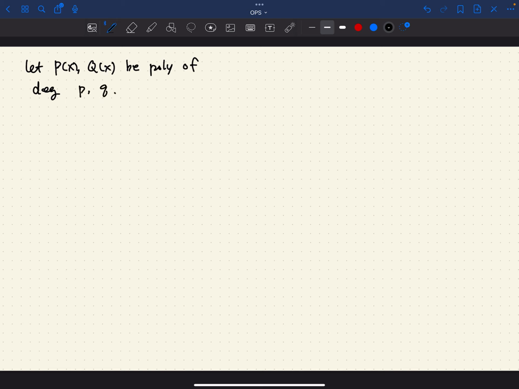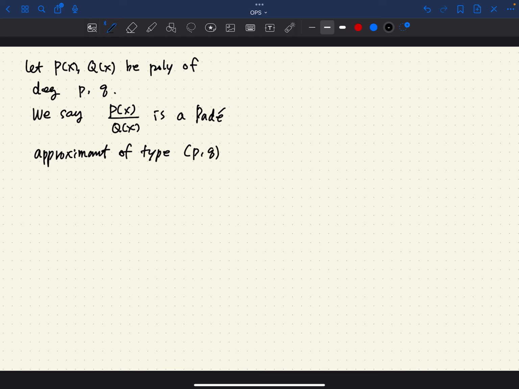And we say that p(x) over q(x) is a Padé approximant of type (p, q), their degrees, for some function f(x) if we can express f(x) as a formal power series, and if you subtract this rational function, then we get a formal power series whose lowest degree is at least p plus q plus 1.